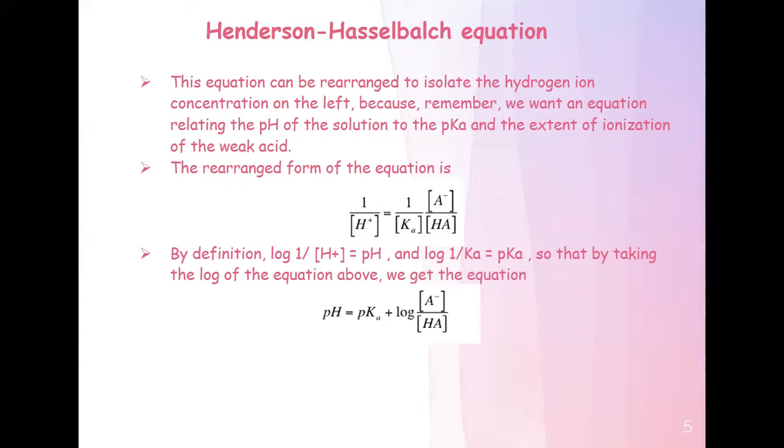So by taking a log of the equation, we get the equation pH is equal to pKa. Means instead of this 1 upon [H+], you have to put pH, and 1 upon Ka you have to write pKa. Then our equation will become pH is equal to pKa plus log [A-] divided by [HA].